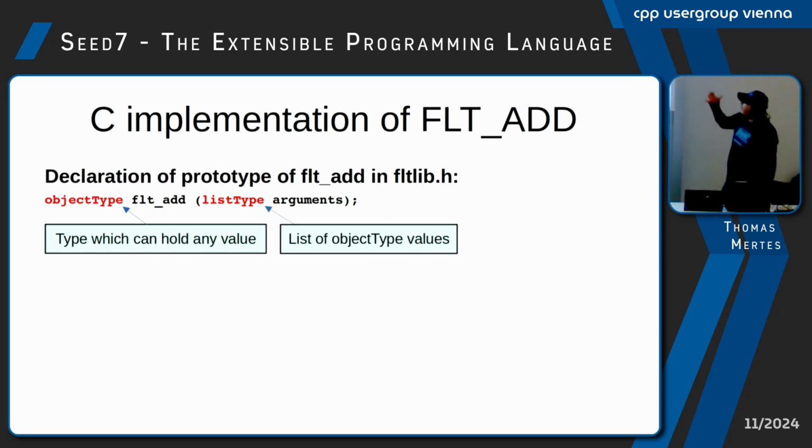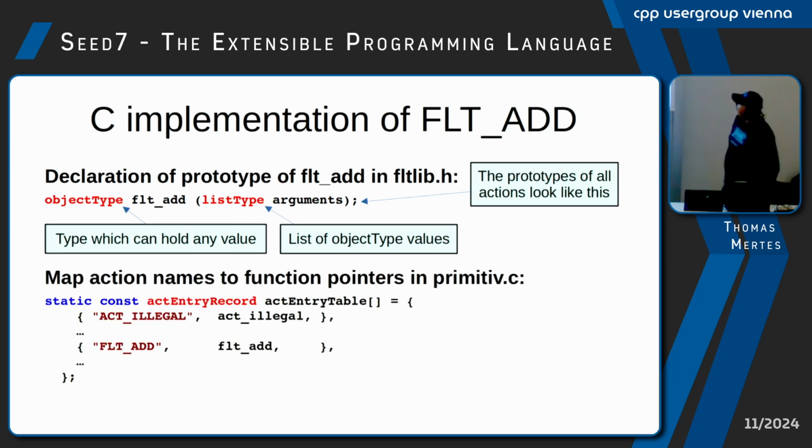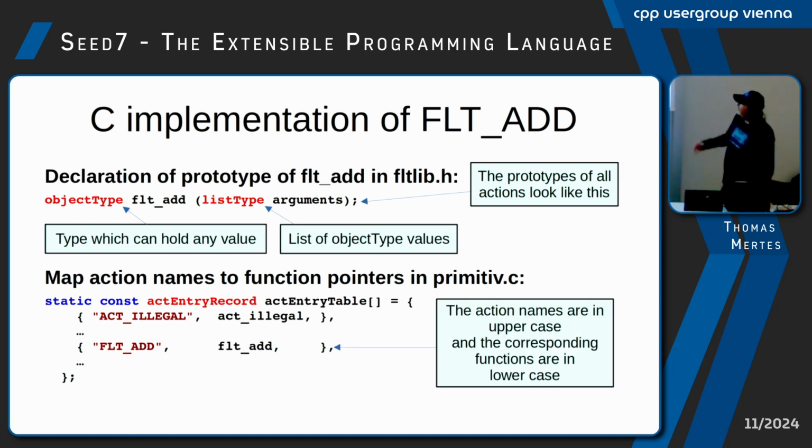And of course, a list of such object types is used as parameter. All the prototypes of these primitive actions look the same, so they all have the same parameters. There is a map between action name and function pointer, and this is this table. And I have this convention: action names are uppercase and the functions are lowercase.